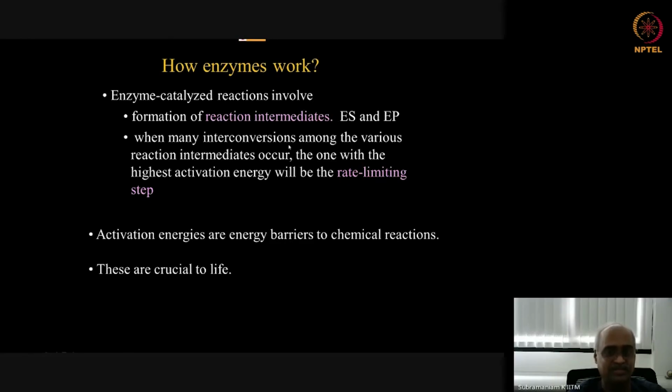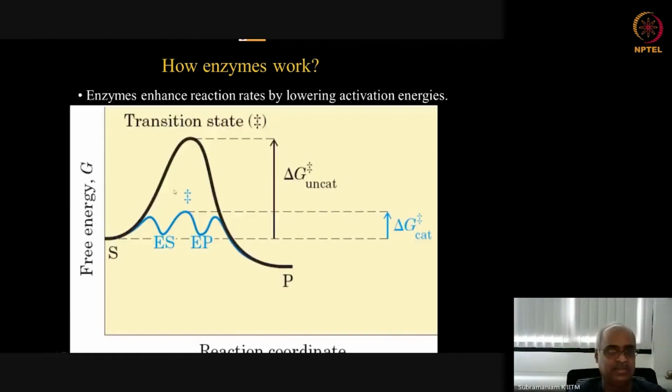When many interconversions like this among various reaction intermediates occur, the one with the highest activation energy will be the rate limiting step for the overall rate of the reaction. S to P overall conversion, the rate at which that can happen will depend on the one that requires the maximum energy. For example, in this case, the ES to EP conversion is the rate limiting because that requires the highest energy compared to the previous two.